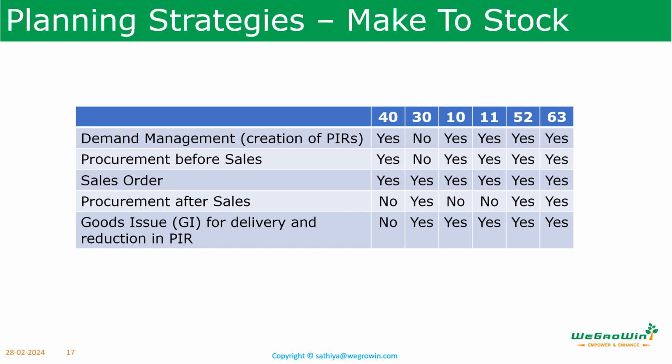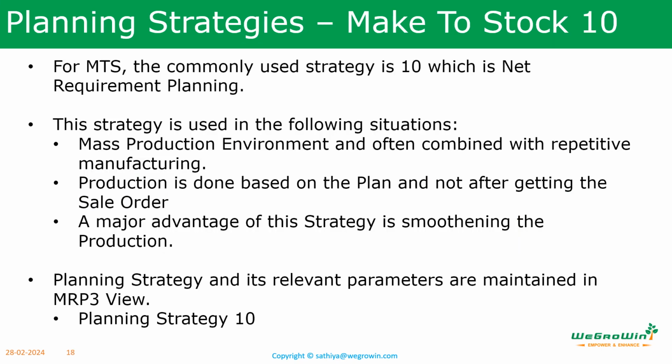And goods issue for delivery creation, which leads to reduction in PR, is happening in strategies other than 40, because in 40 when you create the sales order, the strategy is getting consumed. We'll see individually all the strategies like 10, 11 and 30, how strategies are entered and how the demands are consumed, so that we can understand this table clearly.